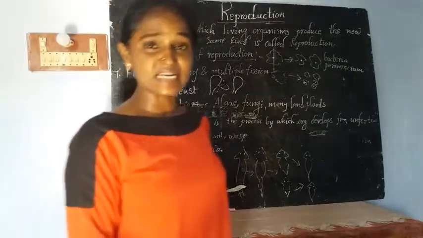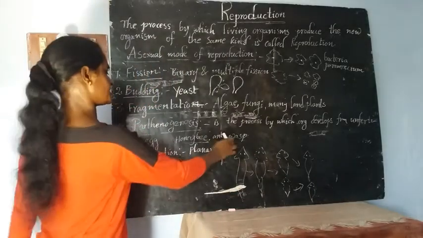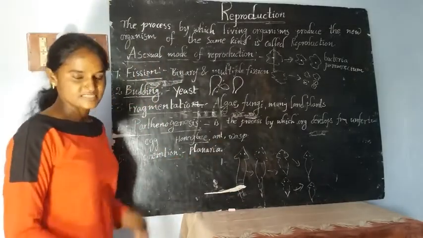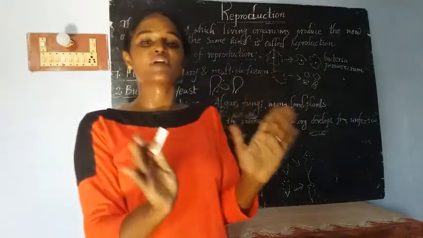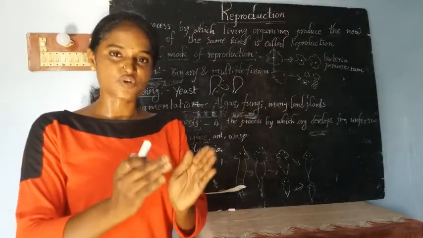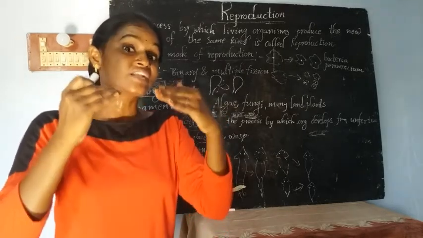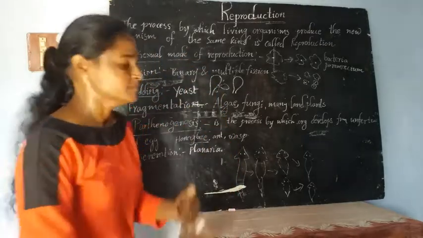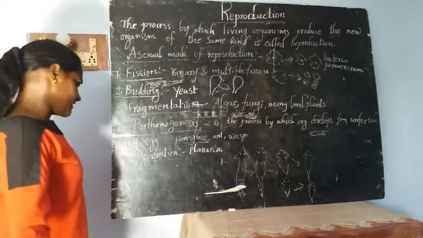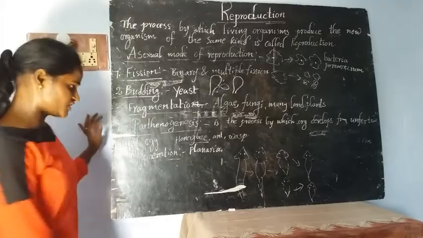We call wasp in Telugu Kandiriga. These are the best examples for parthenogenesis. Just remember that parthenogenesis means new organisms are produced from an unfertilized egg or unfertilized ovum.